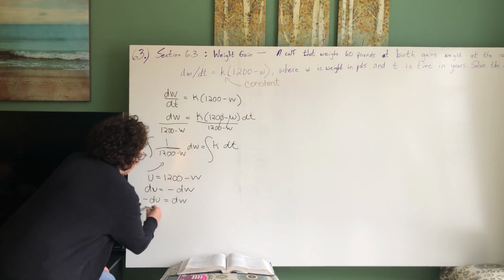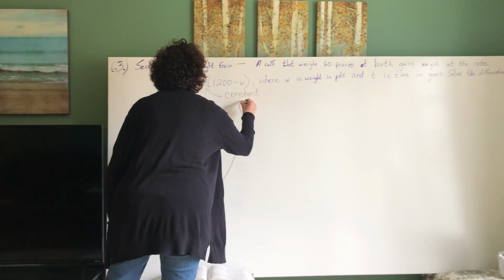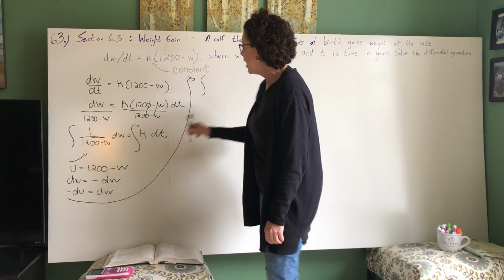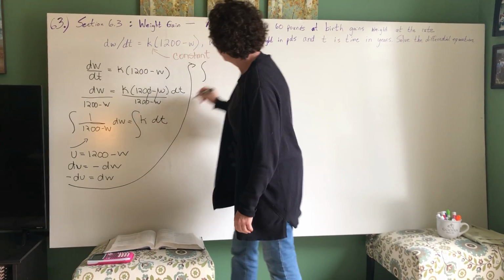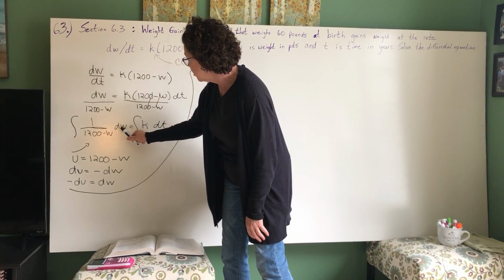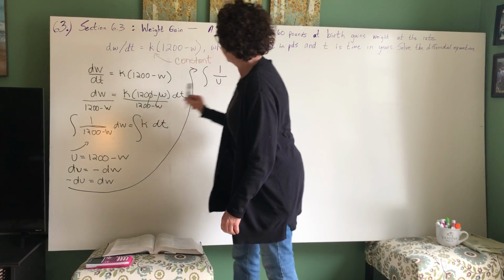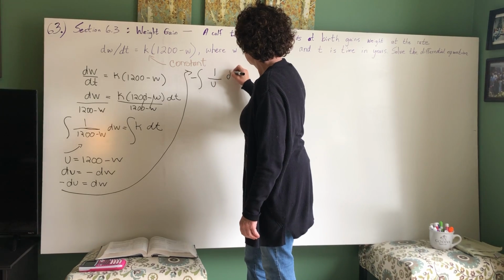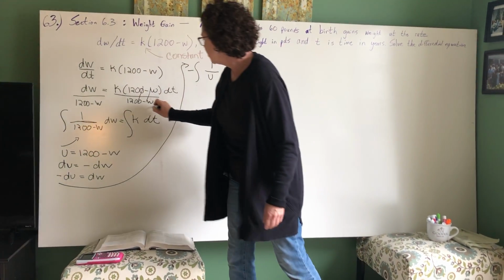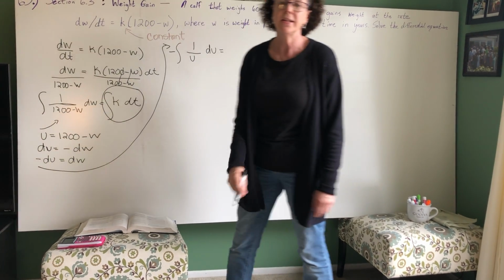So let's come on up over here. On the left now, we have 1 over u, and we will replace our dW with a negative du. Now, on the right-hand side, we're pretty good at this.